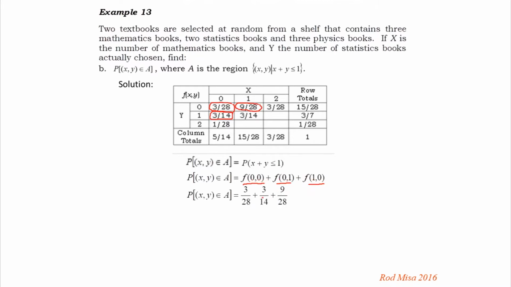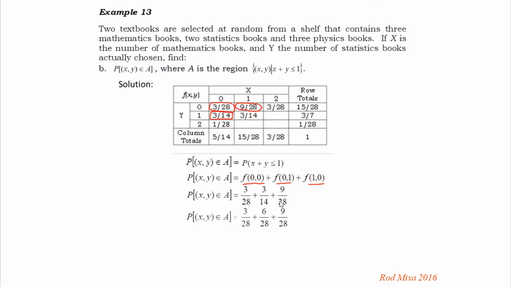And obtaining their corresponding probabilities, we have the probability of 0, 0, which is 3 over 28, which is found in the table here. And the probability of 0, 1, which is 3 over 14 here. And this will be added to this probability value of 1, 0, which is 9 over 28.